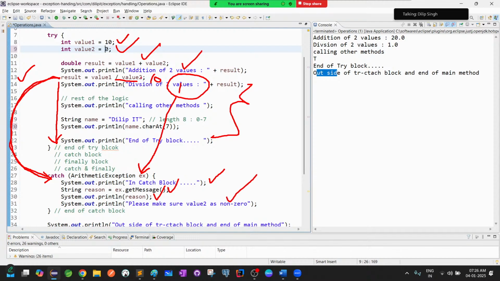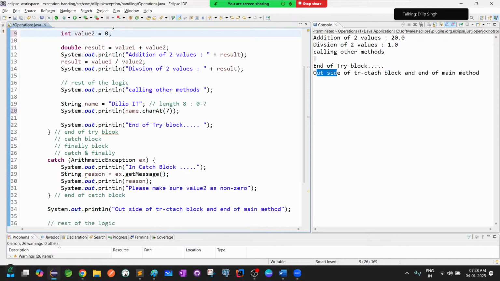In the output you will see the output until line number 12, as well as the catch output. Once catch block execution is completed, it moves to the next line after the catch block. So the flow moves to the next line even though you got an exception. But from the try block's point of view, when you got an exception here, this logic will not execute.